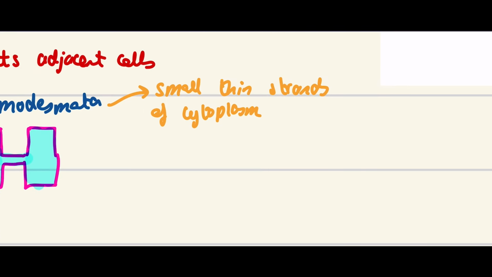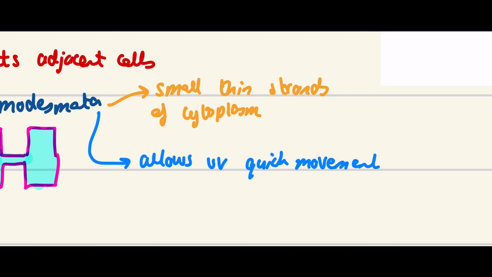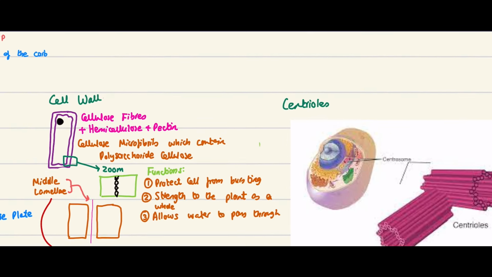The important thing about it is that it allows very, very quick movement of water and mineral ions, etc. and all of those things. So for us, I want you to think of it as a shortcut, and that wraps up the cell wall, and let's move on to the centrioles.